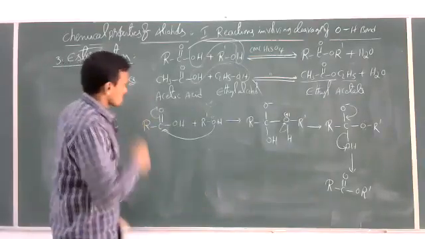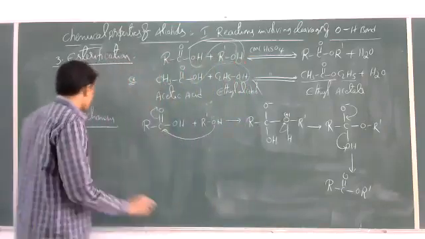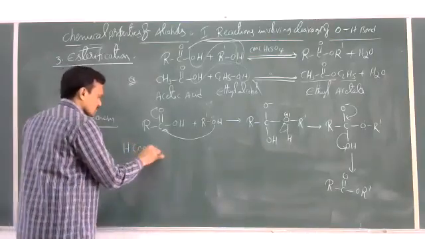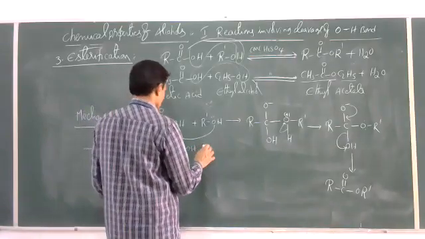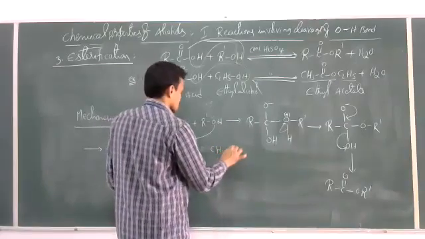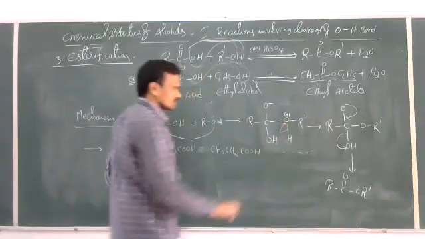Now let us see some conditions. See what is the order of esterification for different acids. So if you take formic acid, acetic acid, plus CH3CH2COOH and so on.